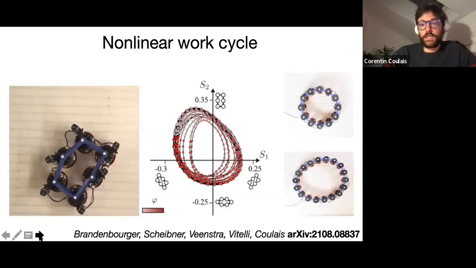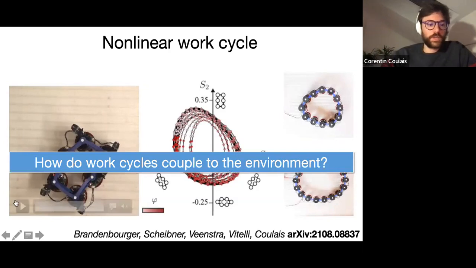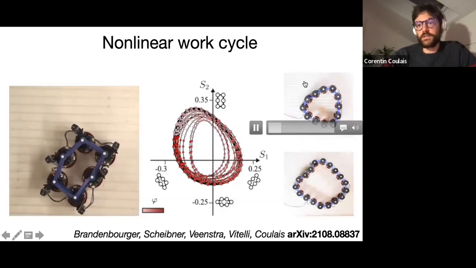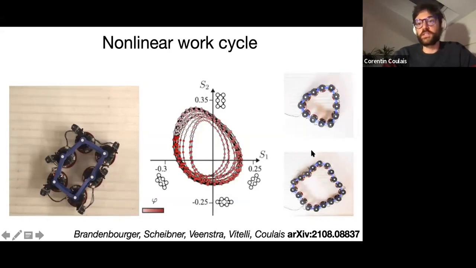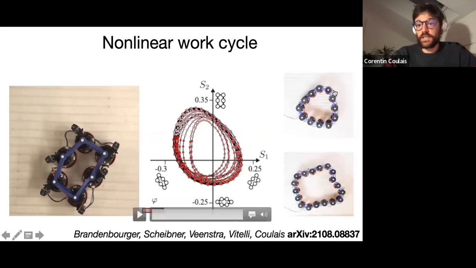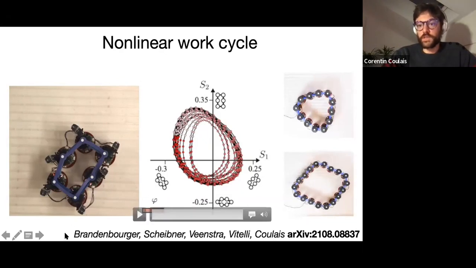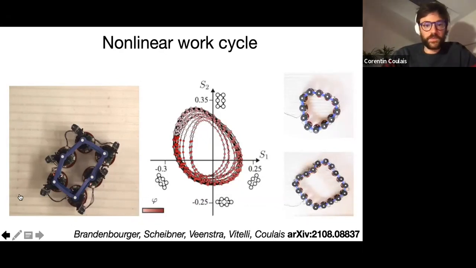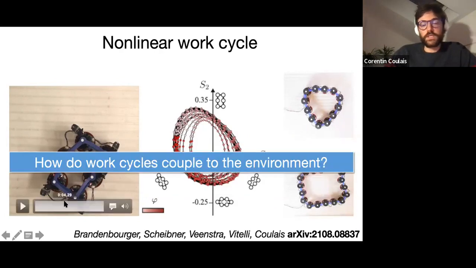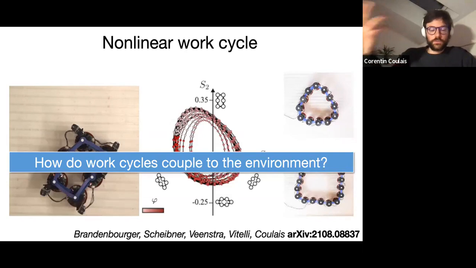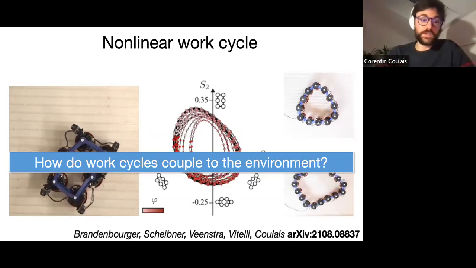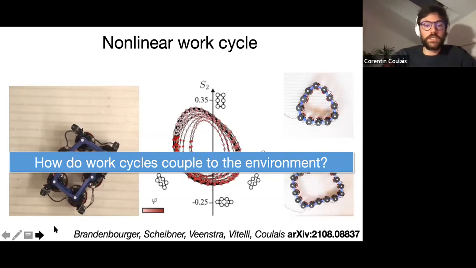You can even study what happens for larger rings, and then you have interesting nonlinear stationary states that emerge, which we're still busy trying to describe and understand. Okay. The main question I want to address is, now you have those work cycles, so you have odd elasticity that leads to work cycles, and non-linearly you can actually have self-sustained work cycles. How does it couple to the environment?